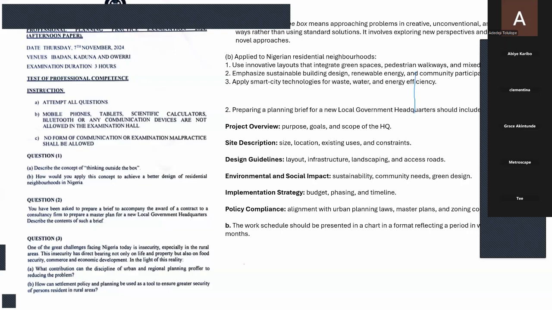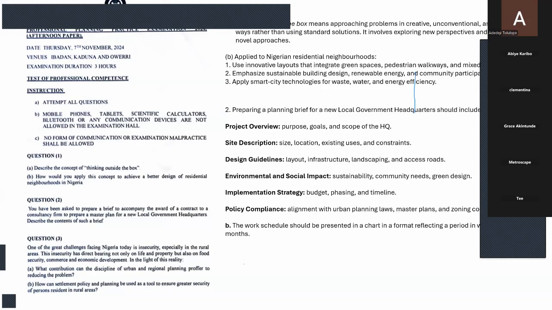Okay. This insecurity has direct bearing not only on life and property, but also on food security. Commerce too, because markets will close, people will not be able to sell their goods, and even if the market is open, there is no commodity to sell. So there is no need going to the market, and also a decrease in economic development.